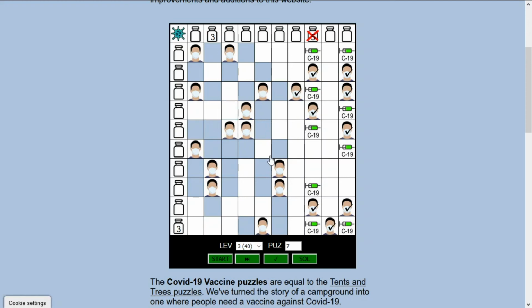and the same goes here. So let's look over here, because we have only 2 positions for that person and 2 positions for that person. So when I put a vaccine here, I must give it to one person.